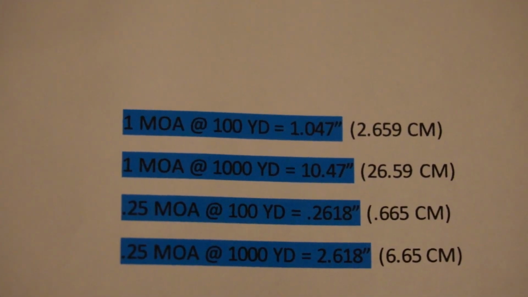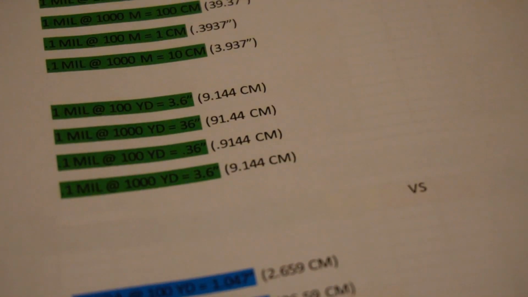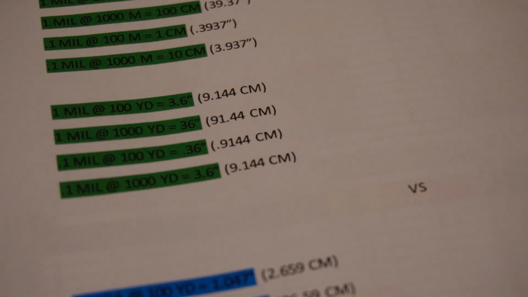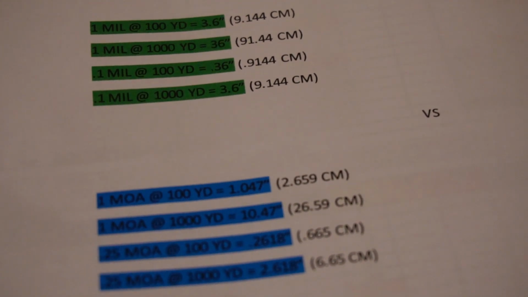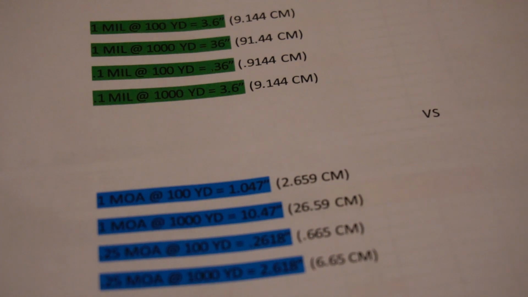My spatial perception will allow me to look at a target at 100 yards, and in my mind's eye I can measure that and say, that's about 1 inch, I need to adjust about 1 inch. And so I automatically go to minute of angle because it's about 1 inch, which at 100 yards would be 4 clicks in the scope.